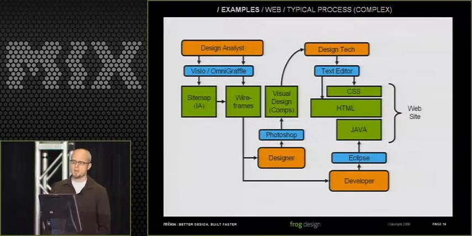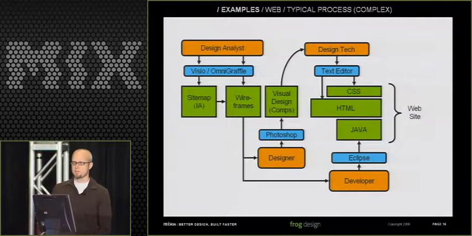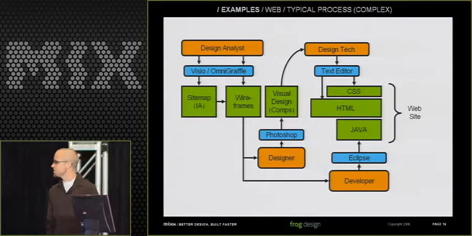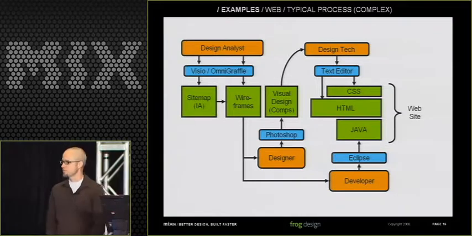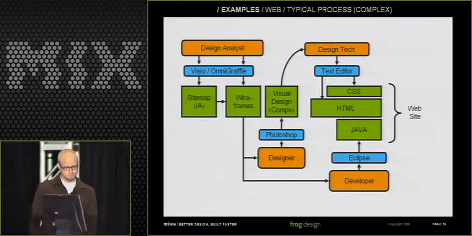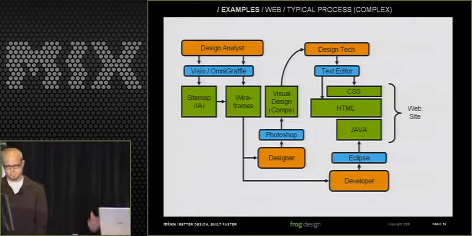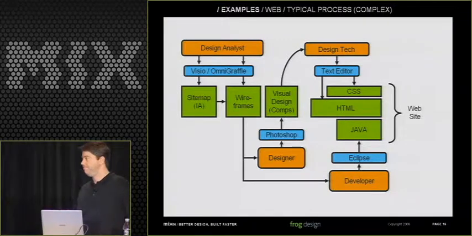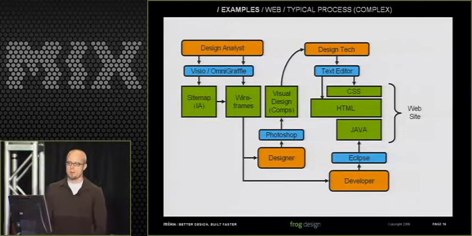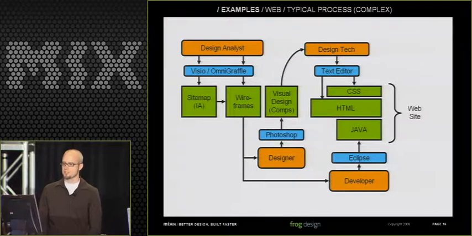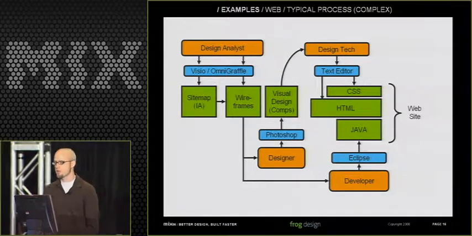The visual design will eventually, after the comps have been approved, make it to the design tech, who's going to start firing up their text editor and turn that into CSS and HTML. Just by the way, the reason we're using the Java example is that's what Blockbuster's using on their site. Right. So eventually, you marry up the CSS, all the images, the HTML, and the Java. You end up with your website.